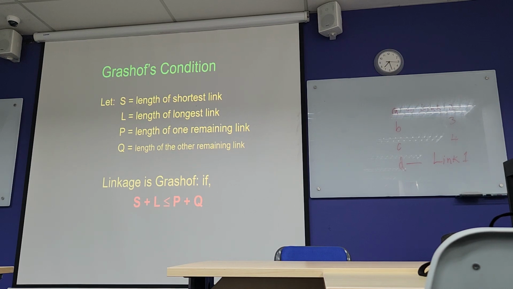If you follow this condition, then your mechanism will have a complete revolution. That means at least one of the links in the mechanism will have complete revolution. And this is the condition for a 4-bar mechanism to function.